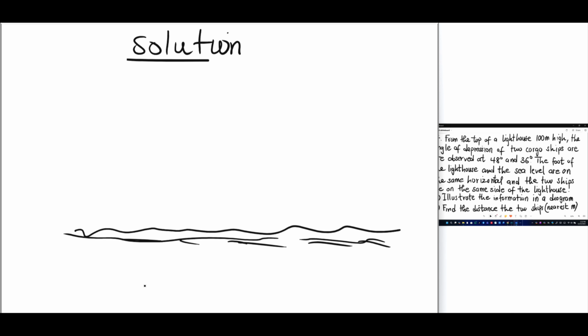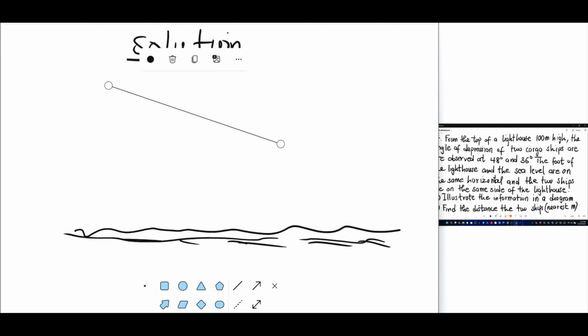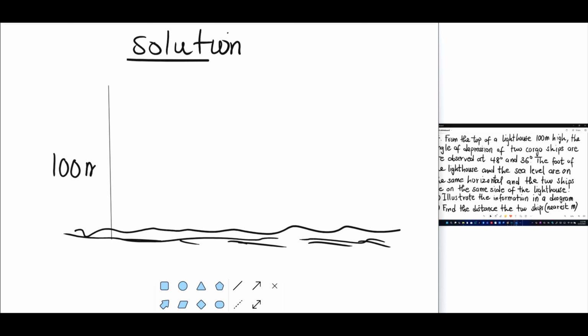Let us bring our lighthouse first. I want to draw my lighthouse, and it has a height of 100 meters. This is the foot of the lighthouse, and it is on the same horizontal with the sea level. I can label the foot of the lighthouse as A and the top as B.